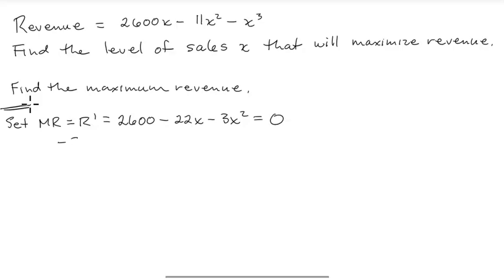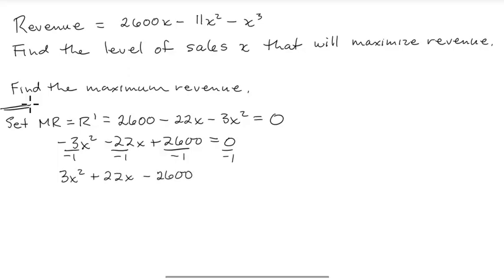So I want negative 3x squared minus 22x plus 2600 to equal 0. You could try to factor it, but those coefficients are a little bit unwieldy. I'll use the quadratic formula, but first I'm going to go ahead and divide by -1 just because I prefer to work with positive numbers whenever possible, and I can multiply both sides by the same number if I want to.